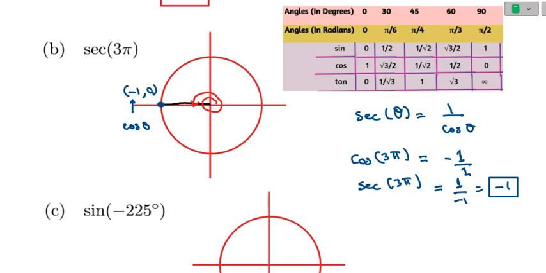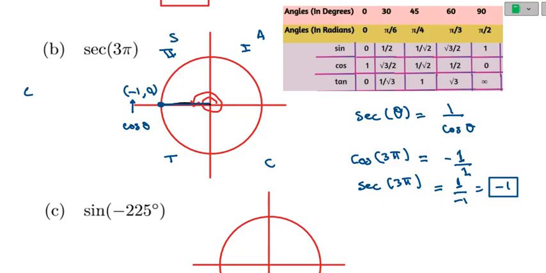The other way to do it is to consider the reference angle theta. Let's consider the second quadrant. In the second quadrant, by All Students Take Calculus, the cosine is negative, and only the sine is positive.